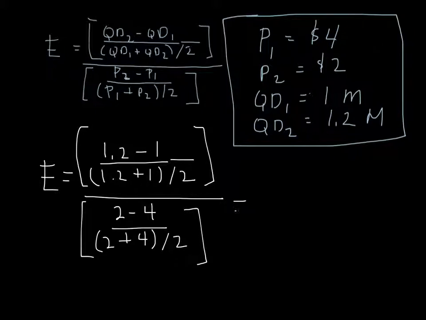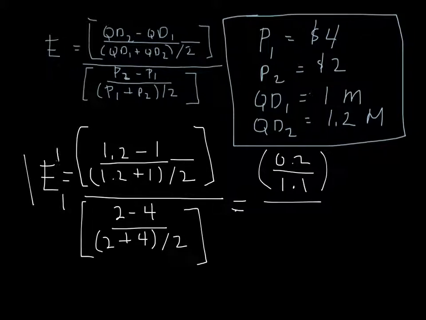So breaking that down, it's going to be 0.2 divided by 2.2 divided by 2, which is 1.1. So that amount will be over 2 minus 4, which is actually a negative 2. And remember, we're going to ignore the minus sign here, so we can just call that 2. And over the average of those two, 2 plus 4 over 2, that's 6 over 2, which is 3.